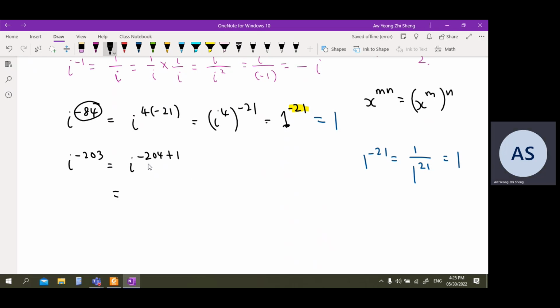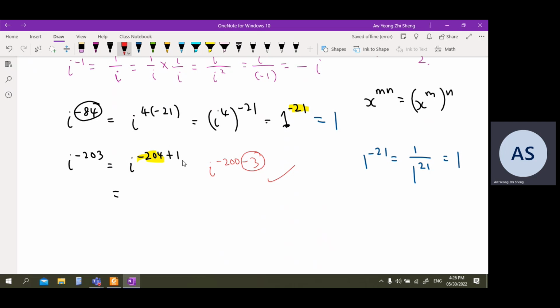It's because I know negative 204 is a multiple of 4. And then some people may wonder, why don't I write i to the power of negative 200 minus 3? But this is also correct, of course, but it's not convenient for me because later I will end up having i power negative 3, which is not as easy to deal with as compared to i power 1.